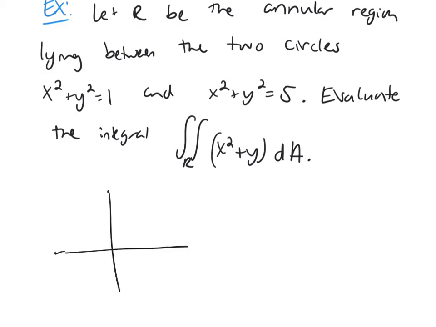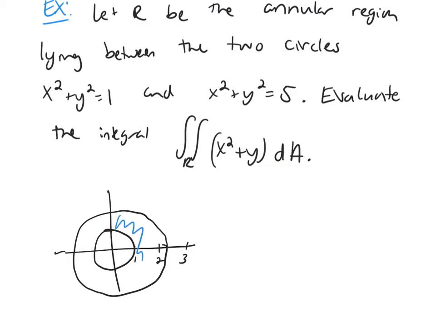I'm looking at a circle of radius 1 and then a circle of radius square root of 5. That's a little bit bigger than 2. And I'm looking at between those.